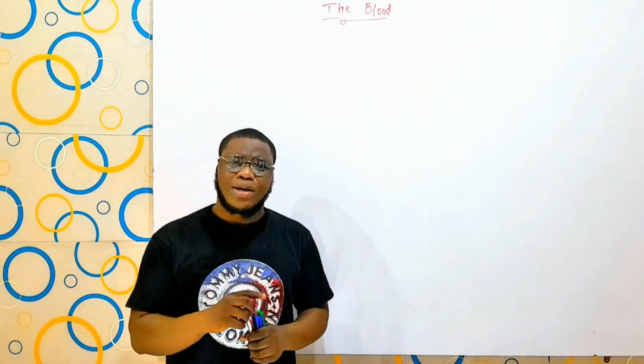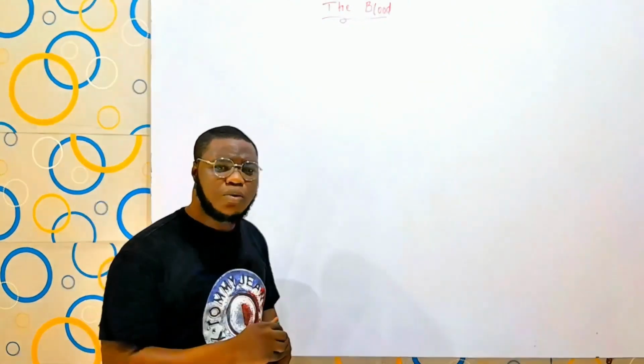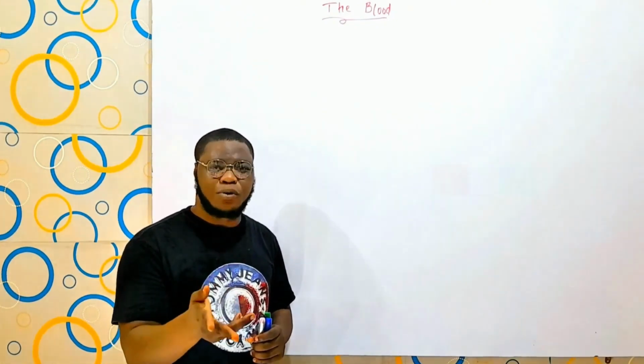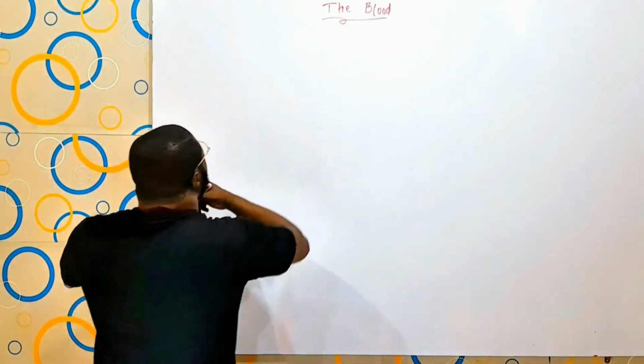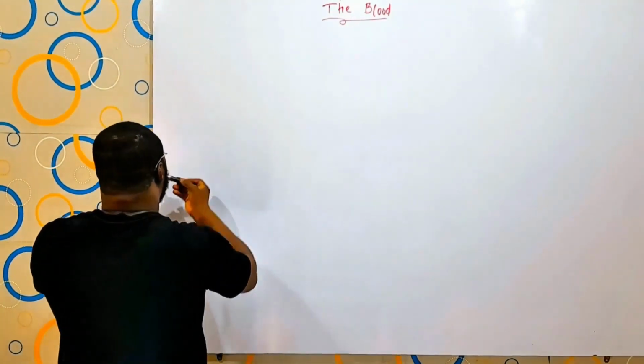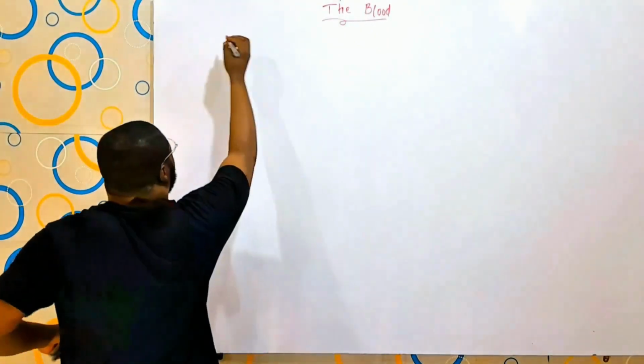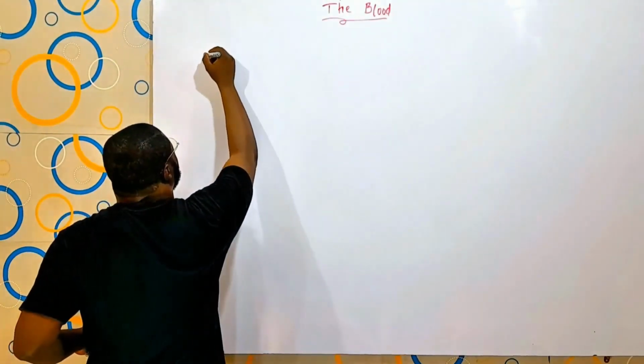To answer that question, let's take a look at one structure of the human body, and that is the bone. Let's take the humerus, for example, although we do not have to draw the real diagram of the humerus, just the bone. We have a bone right here.